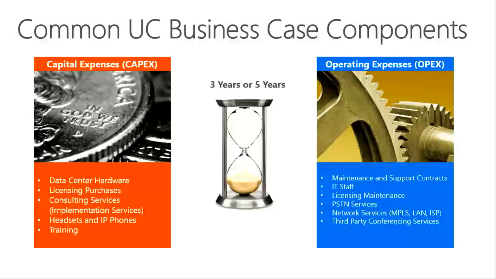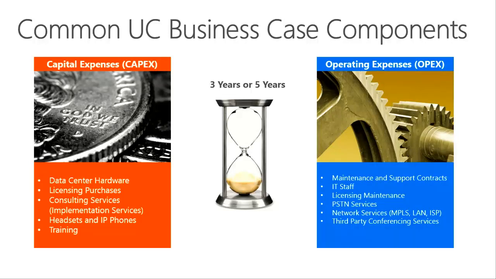So common components in a business case. We have capital expenses and operating expenses. You'll see the terms CapEx, OpEx thrown around. CapEx is going to be stuff that you buy up front. Actual purchases. OpEx is going to be how much it's going to cost me to run this software, run this solution. Some organizations treat these a little bit differently, right?